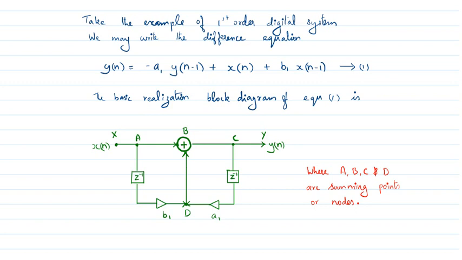Y of n minus 1 means there is some delay in the output. That means this term represents the past output, and x of n is the present input, and x of n minus 1 term is the past input. Okay, so this output depends on past output, present input, and past inputs.